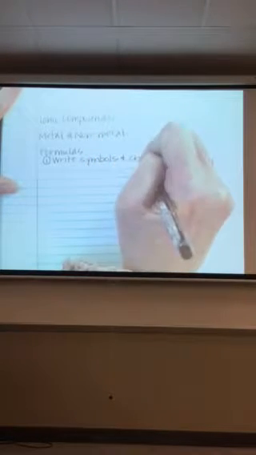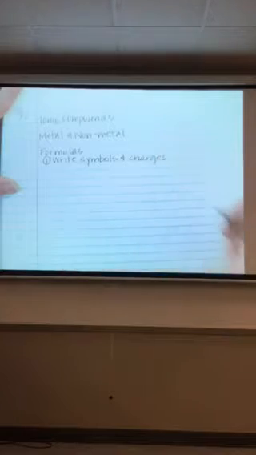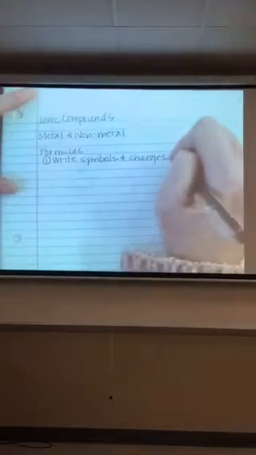And there are some rules that we follow when we are writing names and formulas. First, we're going to start with formulas. Step 1 is to write the symbols and charges for both ions.